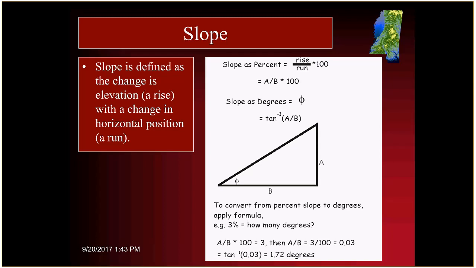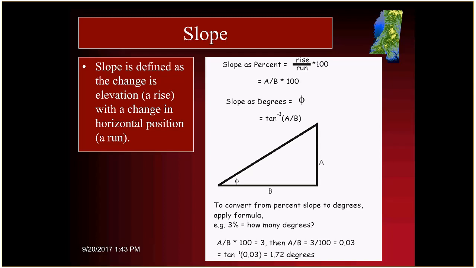If this is 1 and this is 1, what's the angle here, in degrees? 45, that's right.